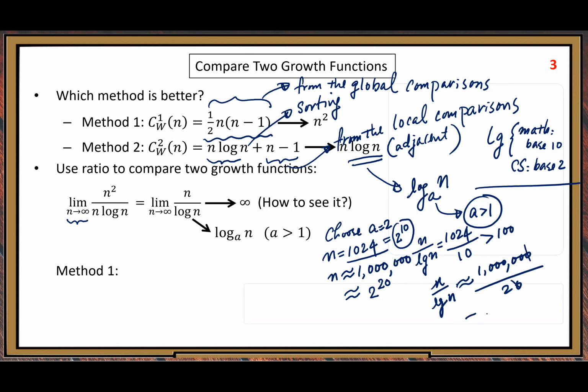And that gives 50,000. You see, the ratio is very big. When n grows, the ratio grows very fast.